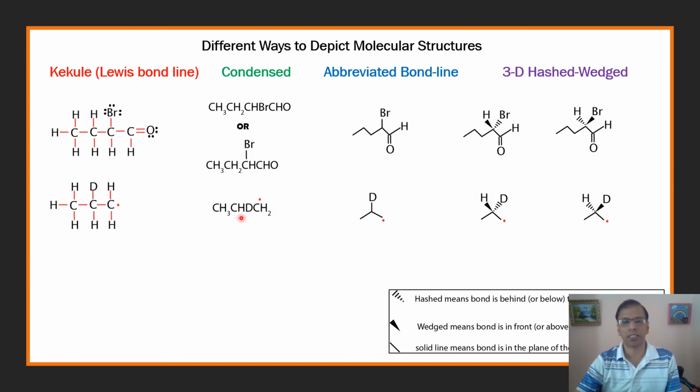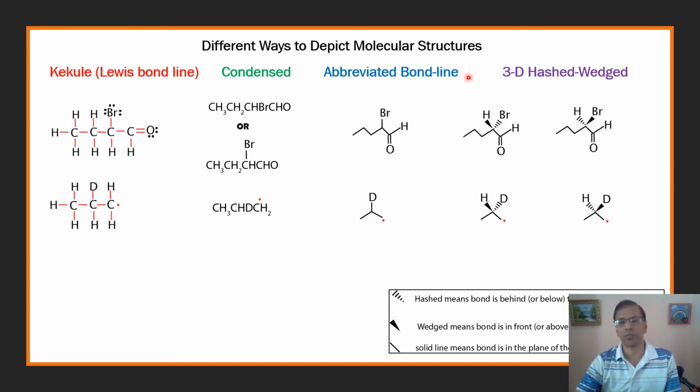In the condensed form, you just write it as CH3. Similarly, this carbon is attached to 3 CH3, so you write CH3. Then this carbon is attached to deuterium and hydrogen, so you write CHD. Then this carbon is attached to 2 hydrogens, so you write CH2. And then you put an electron on top of the carbon to indicate that it is a radical.